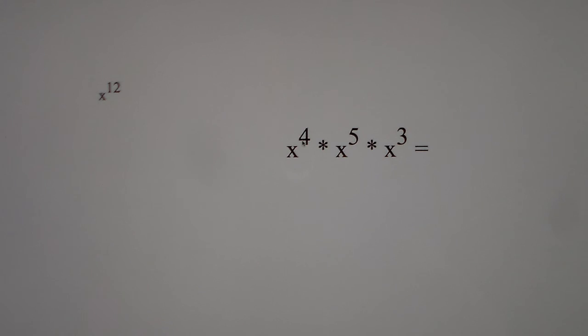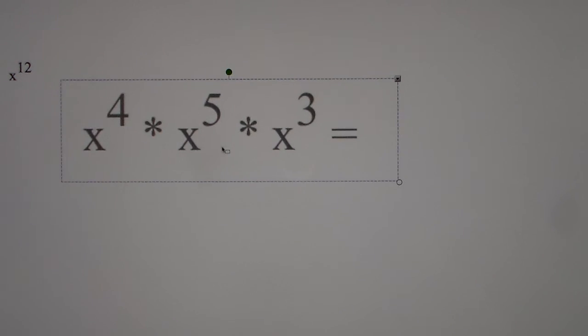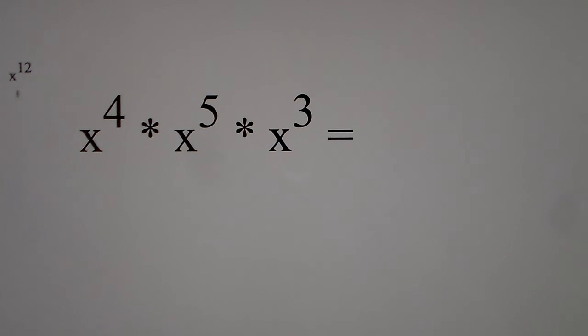So let's say we have a problem like this. Make it a little bit bigger on your screen. We have x to the fourth times x to the fifth times x to the third. When the base, or the number there, is the same, we could actually add up all the powers when we're multiplying all these bases together.